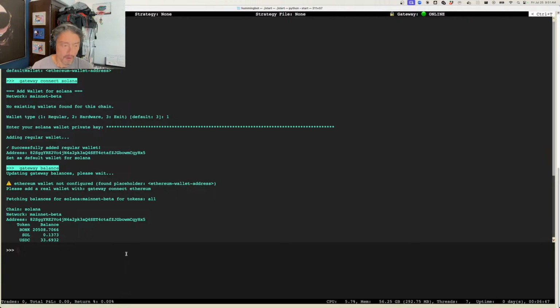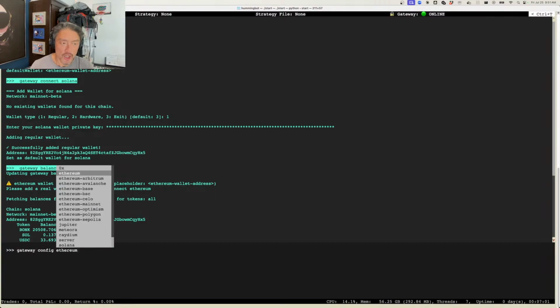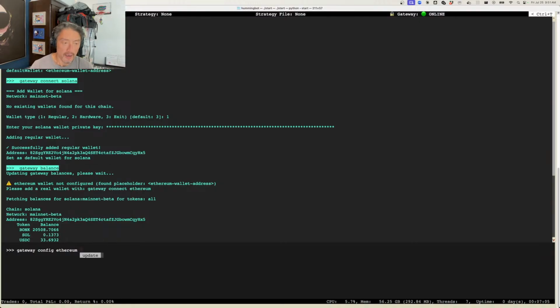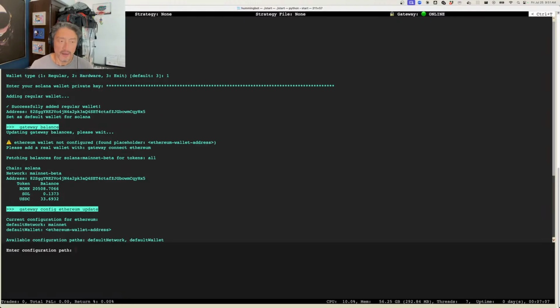So let's say we wanted to change the default wallet or the default network. We can also just use the gateway config command for that. Let's change the Ethereum default network, and we can run gateway config ethereum update.